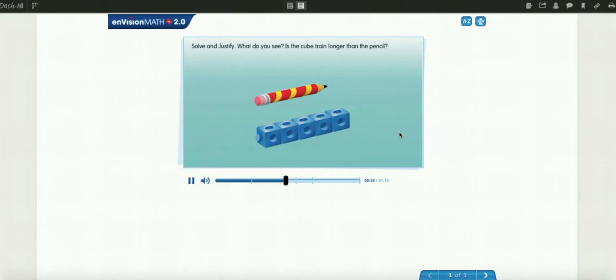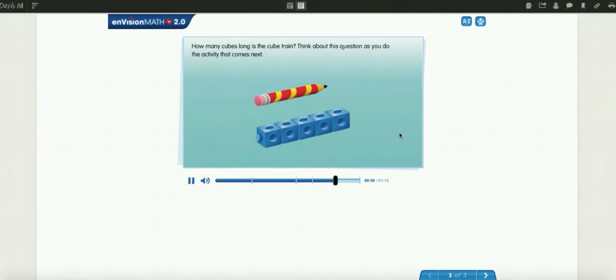Solve and justify. What do you see? Is the cube train longer than the pencil? Yes, the length of the cube train is longer than the length of the pencil. How do you know? You know because the cube train sticks out farther than the pencil. How many cubes long is the cube train?